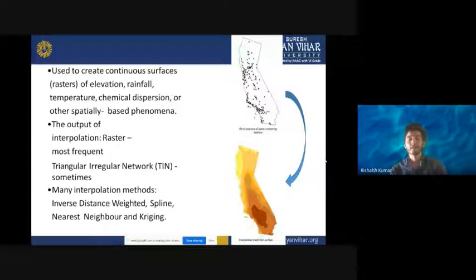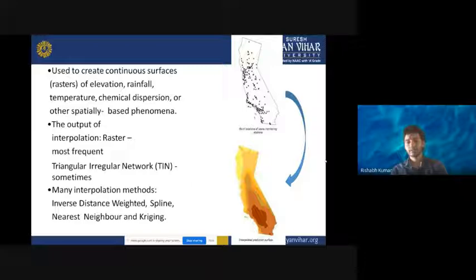Okay, then many interpolation methods are there, as already discussed in the previous lecture, like your inverse distance weighted method, spline method, nearest neighborhood, kriging, spatial moving average, right? Thiessen polygon.